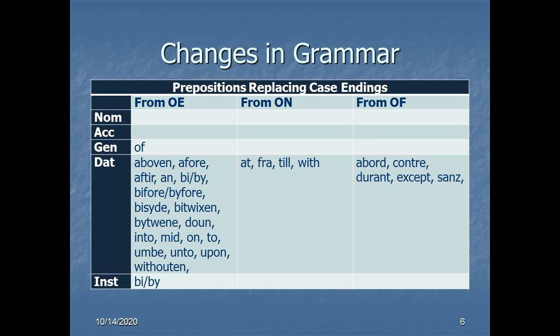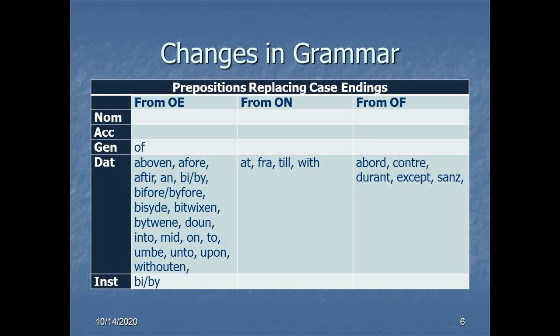In the genitive, which is the possessive, there is only of, which comes from Old English of. In Modern English, we might say, for example, the building's height or the height of the building. Either one of those means exactly the same thing. And what the of does there is anchor height in the genitive case, in the possessive case. And as I said, that comes from Old English.